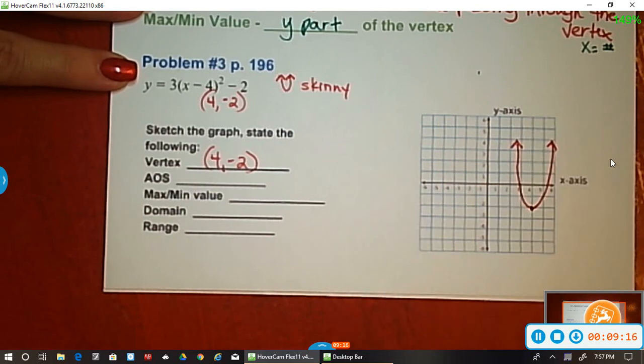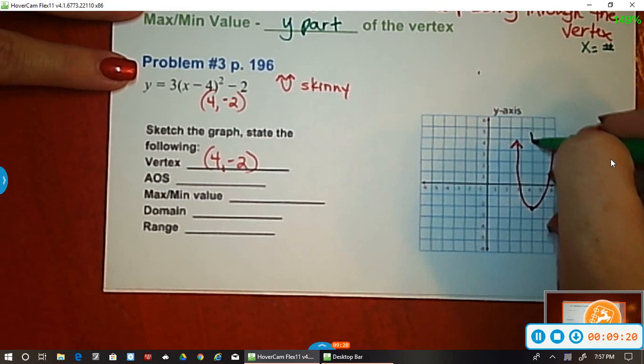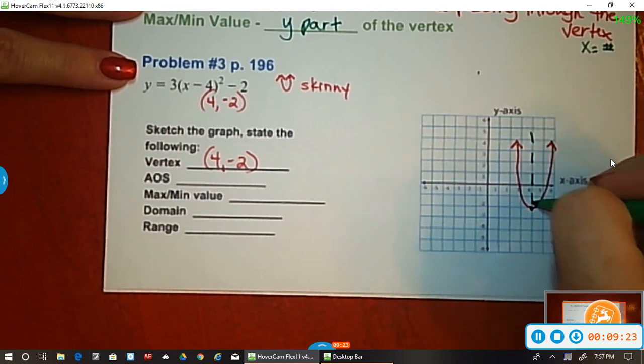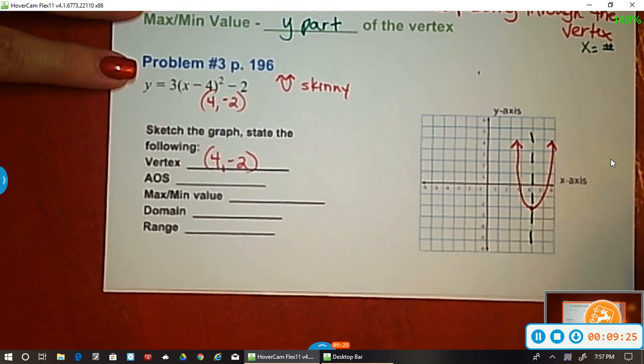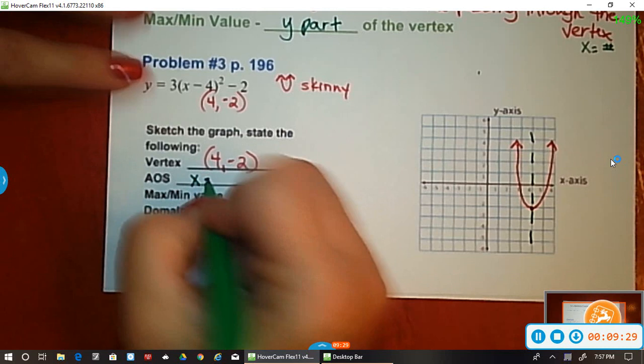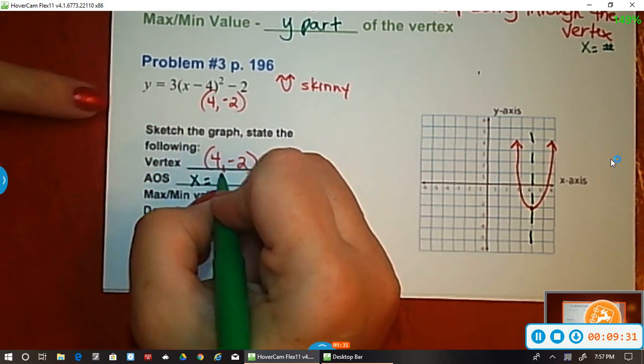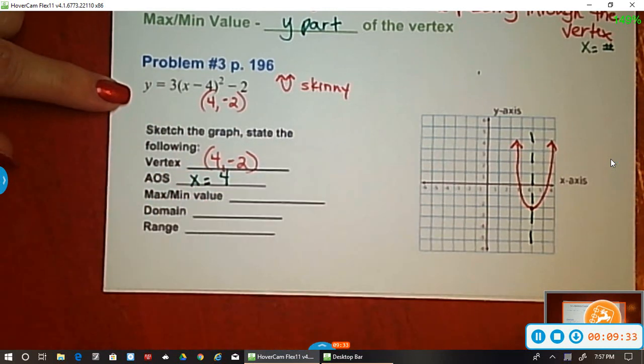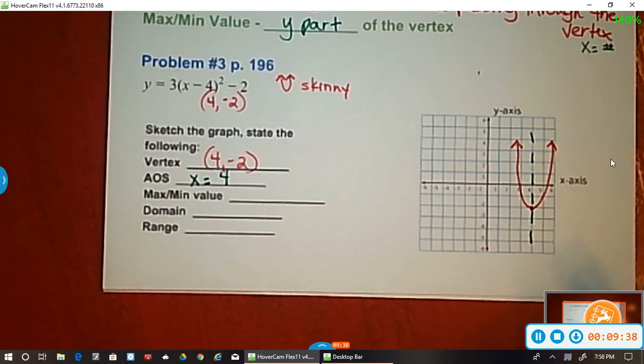There we go. Draw in your axis of symmetry. Remember, it is this vertical line that goes through the vertex. That equation is going to be x equals the x part of your vertex. The minimum value is the lowest y value on the graph.